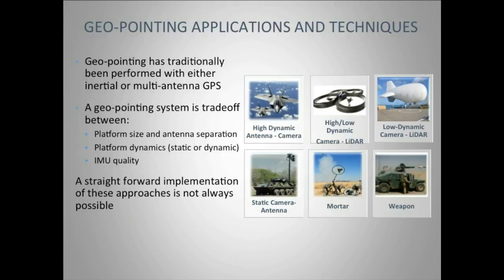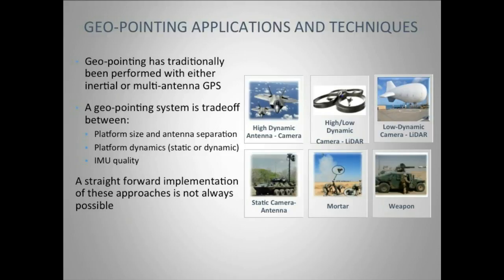Traditionally, geopointing has been achieved with either a multi-antenna GPS solution, interferometry, or an inertial navigation solution with an IMU. And when you consider both of those approaches and the various size and dynamics of the platforms that these geopointing technologies get applied to, you end up with a trade-off.